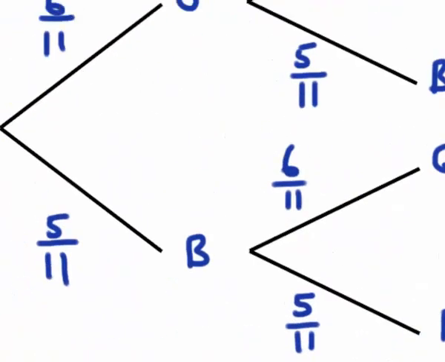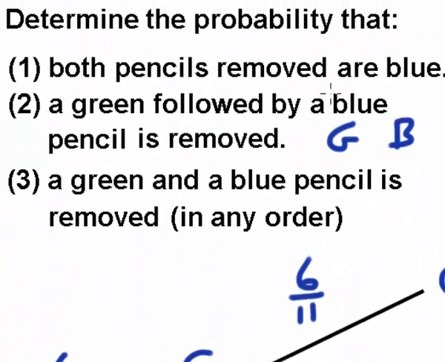Okay, now watch out for this one, number C. What is the probability that a green and a blue pencil is removed in any order? So we could have started the first time by taking a green, followed by a blue, or we could have had a blue followed by green. So it's those two. We're going to add those two options.